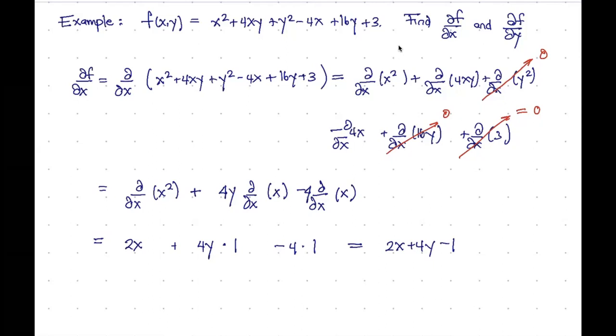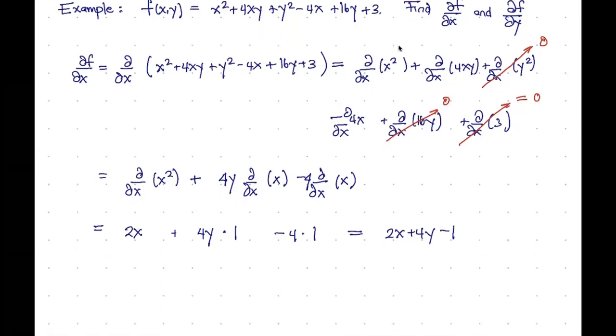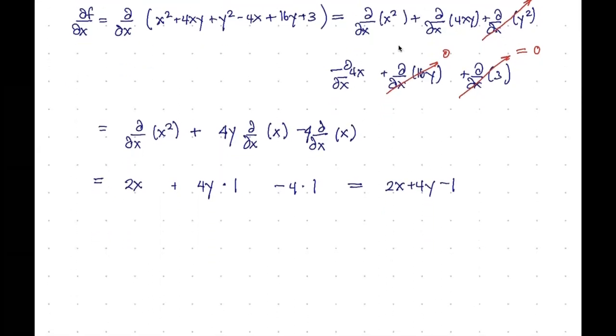We can play the same game with the derivative with respect to y. I won't be as long-winded in how I write it. So we're taking the derivative this time with respect to y of x squared plus 4xy plus y squared minus 4x plus 16y plus 3.